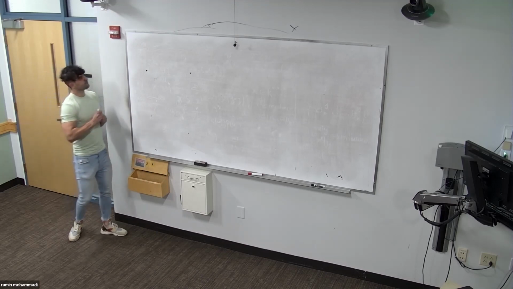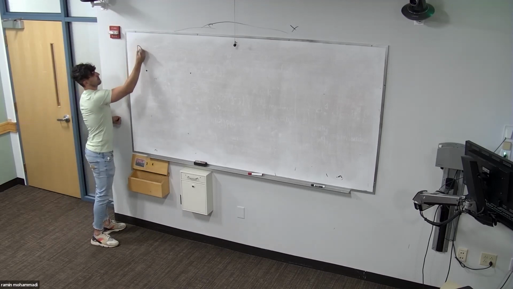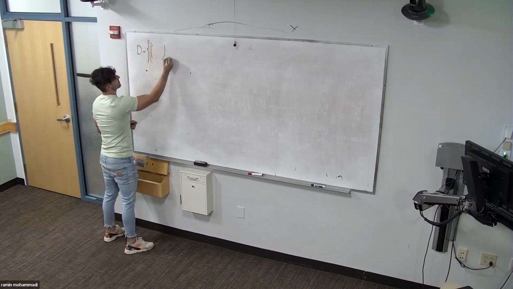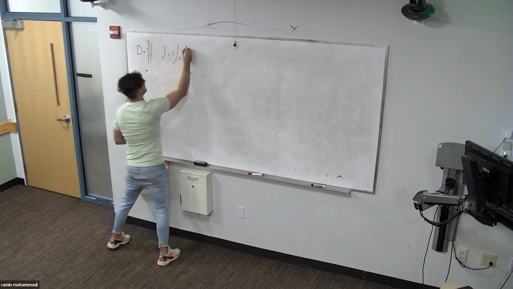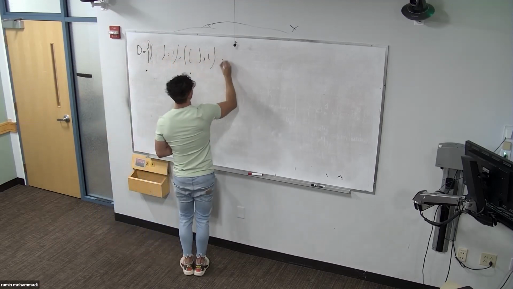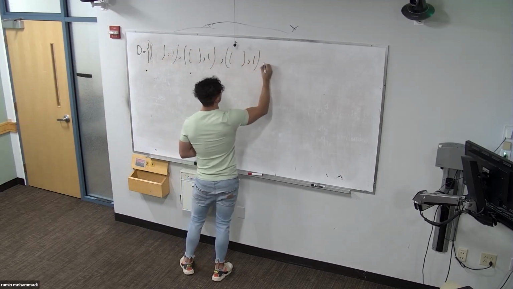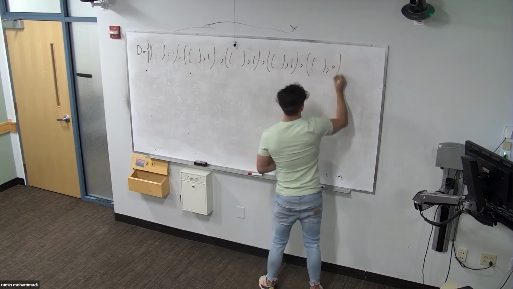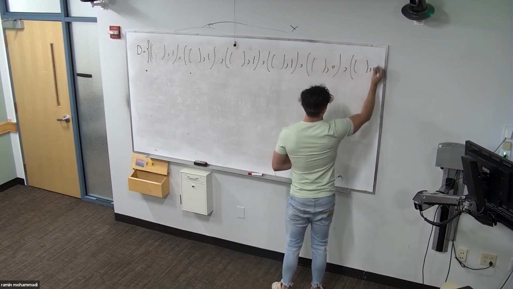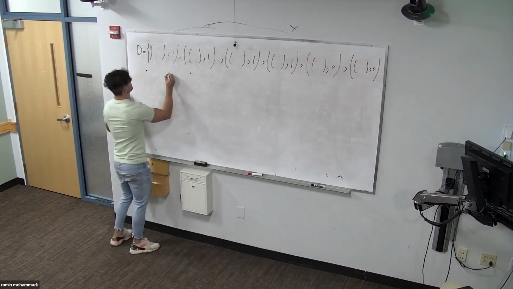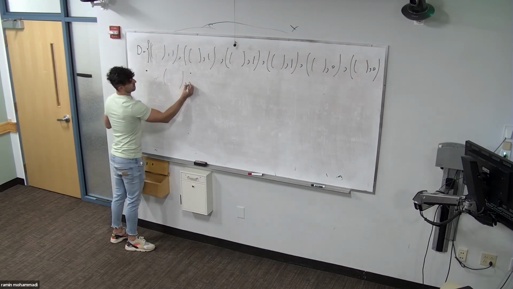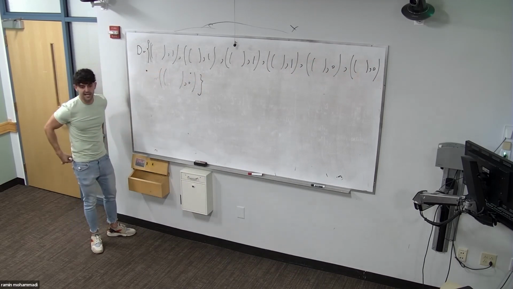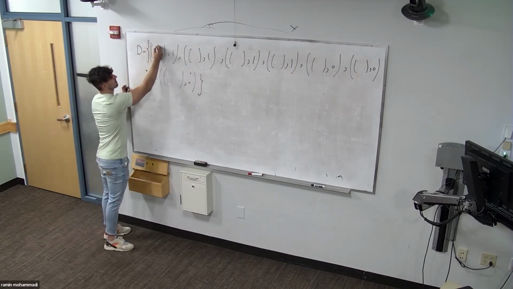Now, let's solve one example. Let's say you have this data set. 1 and 0 stand for the class, and I'm going to add some dimensions here.